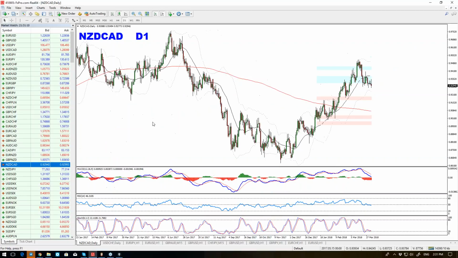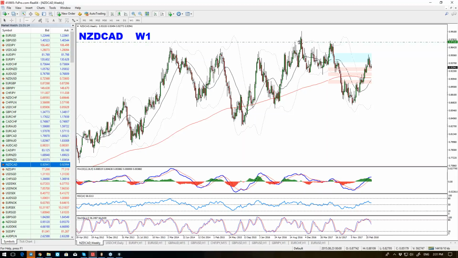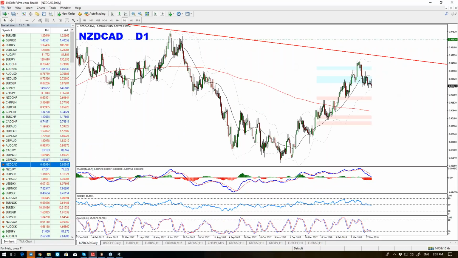Kiwi versus the Canadian. Weekly range and bearish hidden divergence. This is the bearish hidden divergence, which means we are after sells. Daily confirms that with a triple cycle, special cycle, doesn't matter how we name that. Bearish divergence and convergence.